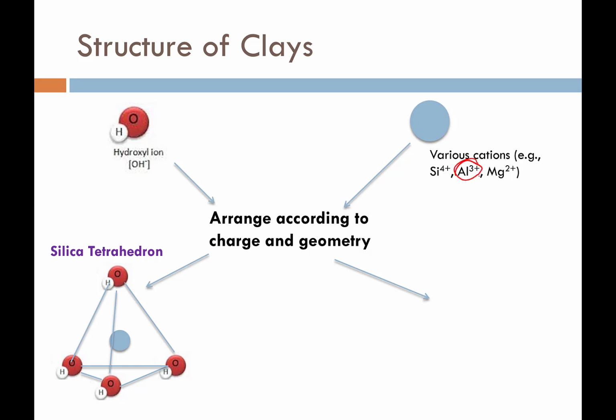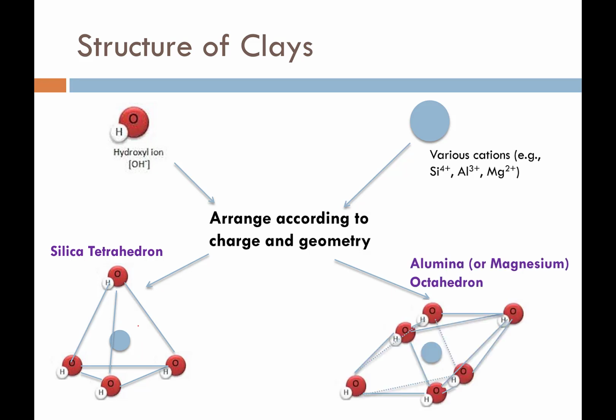But it can also have other cations. It could have aluminum in there, or it could have magnesium in there. And depending on which cation is holding this bad boy together, it will affect how different tetrahedra are going to join and link together, which we'll talk about in a minute.